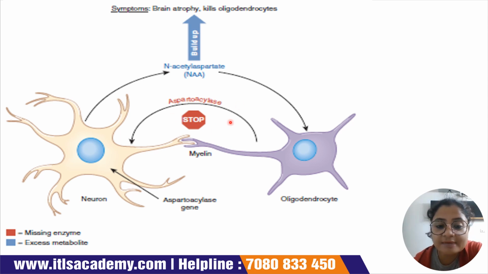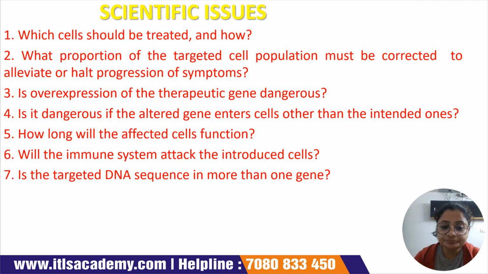Since this enzyme is absent, see here stop is written, meaning this enzyme is no longer getting produced inside the body. As a result, N-acetyl aspartate is no longer getting converted to its intermediate metabolite, and it is slowly accumulated inside the brain, which is leading to brain atrophy and also killing the oligodendrocytes.